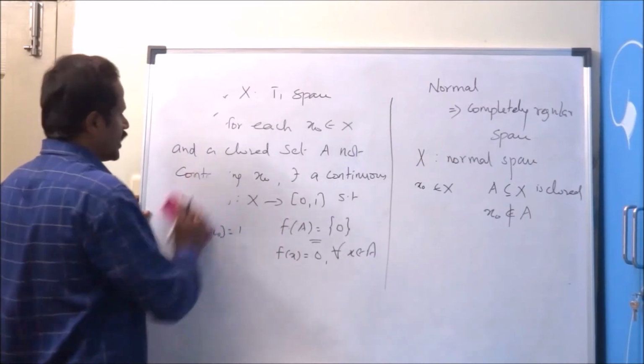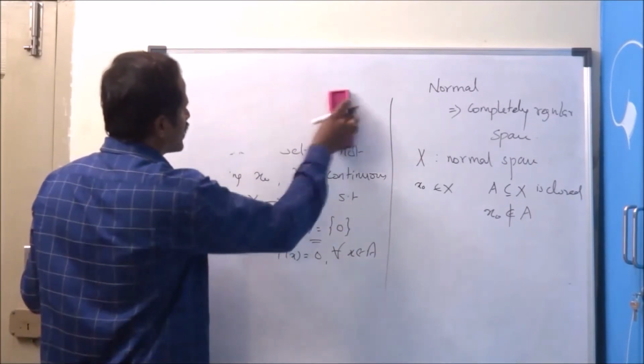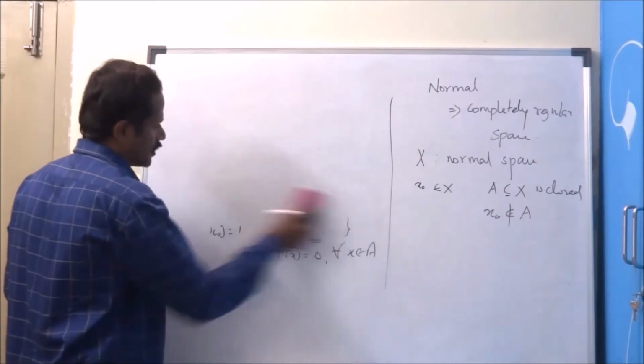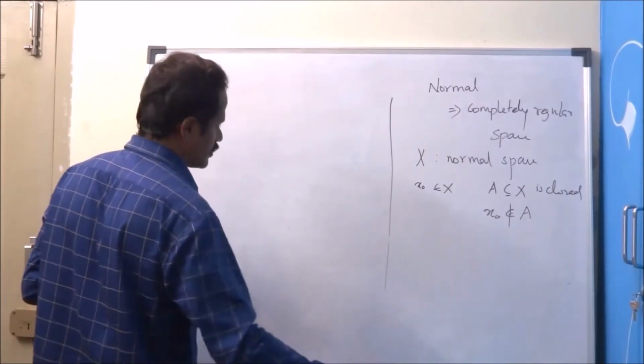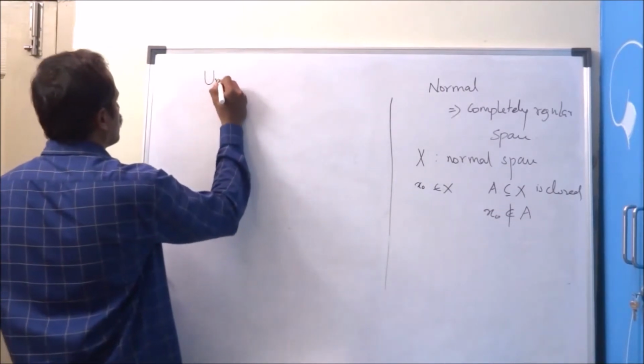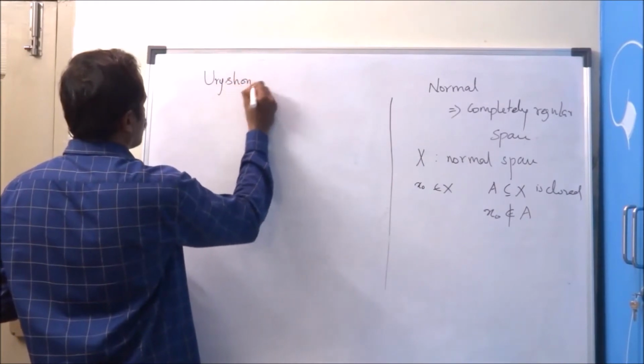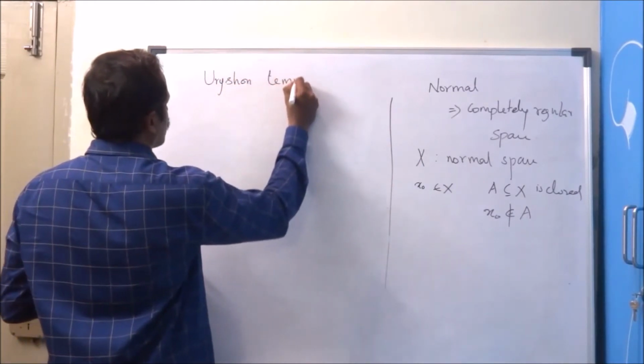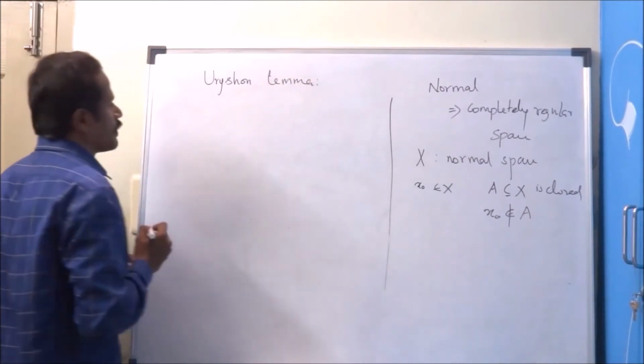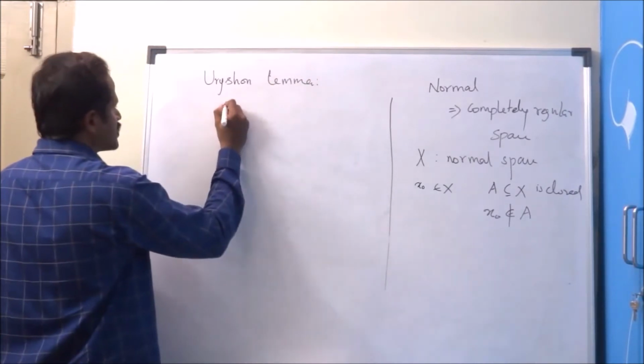Okay. For that, you just recall the statement of Urysohn's lemma. So what is that? You take X is a normal space.